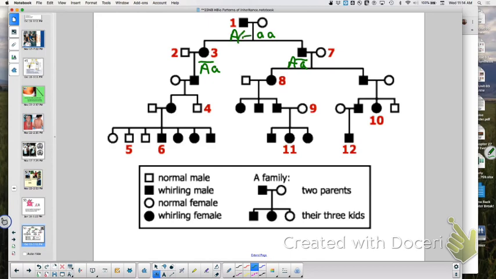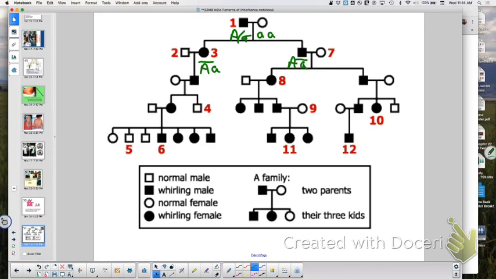What were the odds, if they were big A, that all their children would have the disease? 100%. But how many children did they have? Only 2. That's not enough to go off of. If they were big A, little a, what would be the odds that their child would get that disease? 50%, because that dad would either give the big A or the little a.